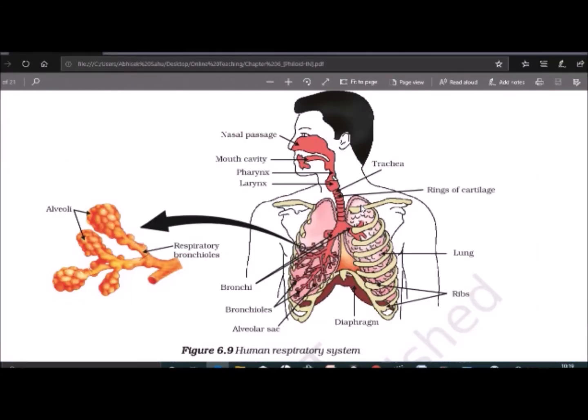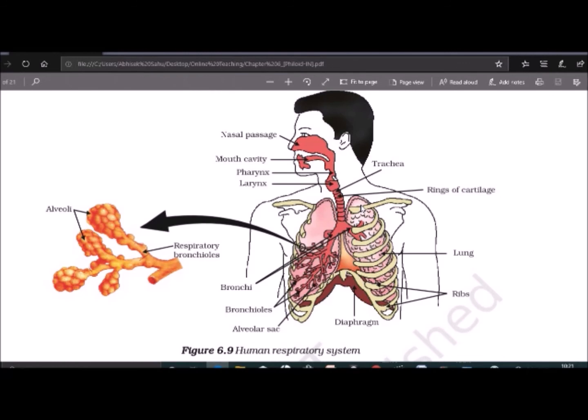Nostril is the external opening through which air enters the body. Nasal cavity helps in the sense of smell. So the air is first inhaled through a pair of nostrils which open out above the upper lip. In the middle portion of the nasal cavity, the air is moistened and warmed.